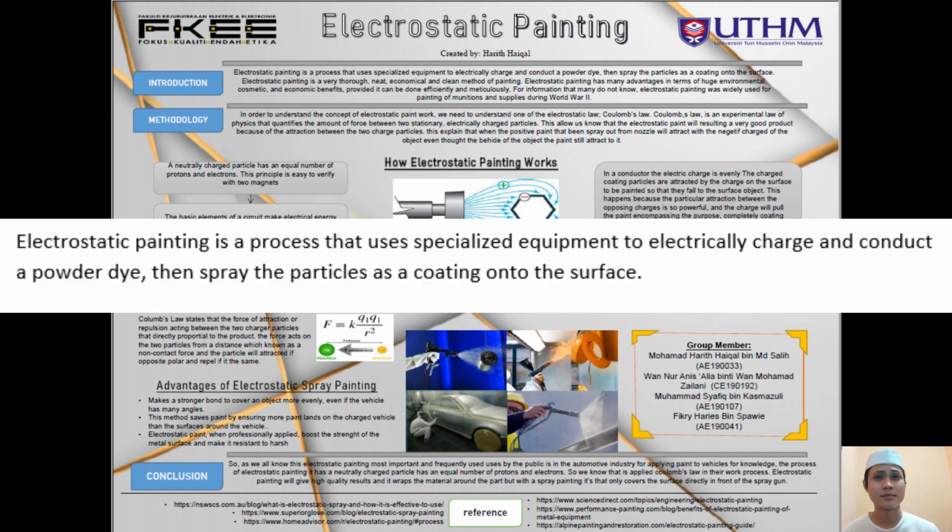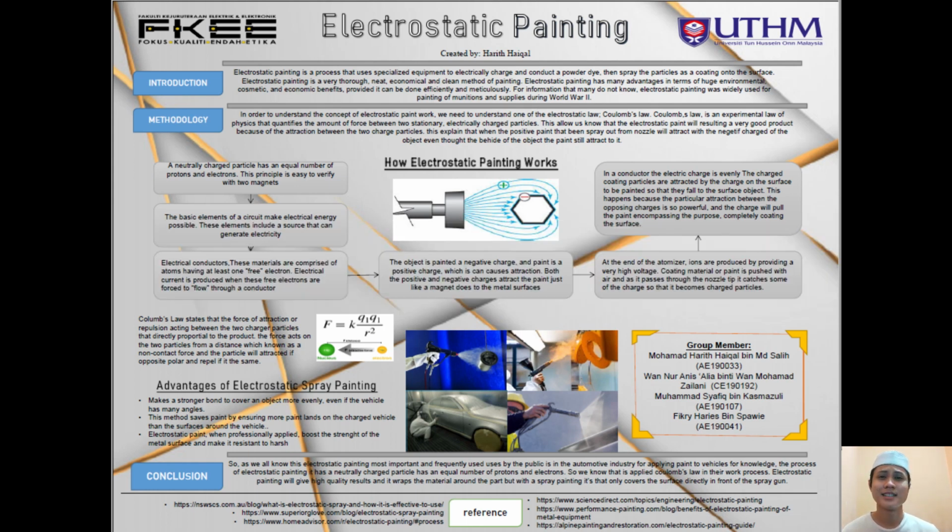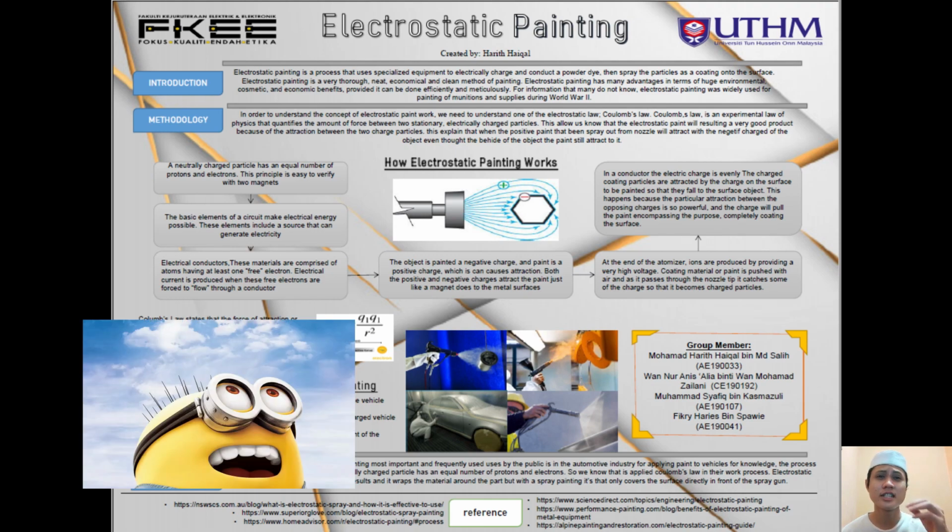Electrostatic painting is a process that uses specialized equipment to electrically charge and conduct a powder dye, then spray the particles as a coating onto the surface. It is a thoroughly economical, clean method of painting.